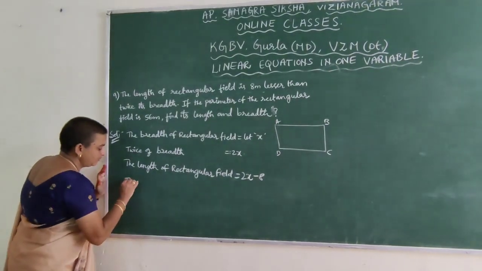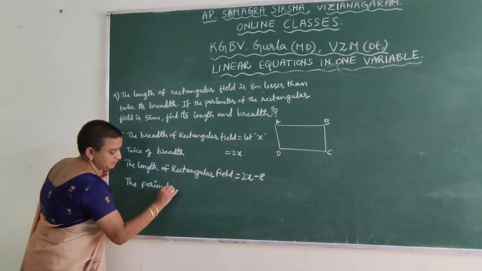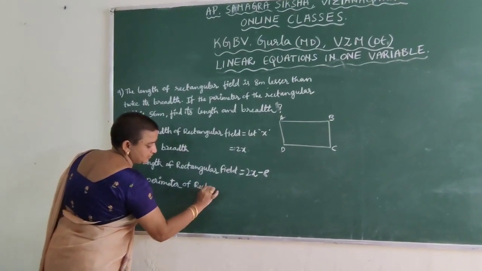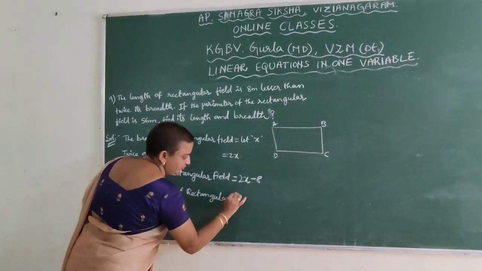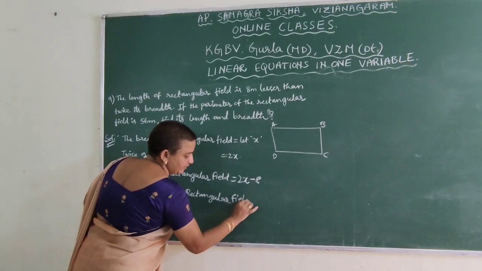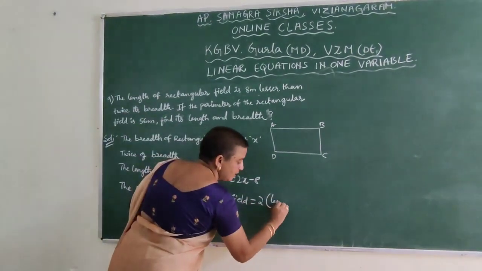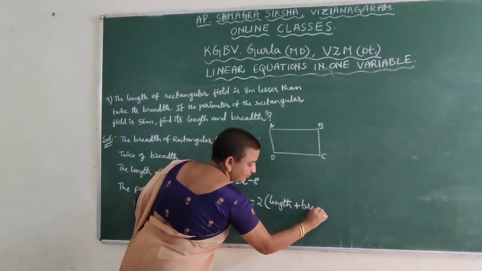Okay. The perimeter of the rectangular field is equal to, what is the formula? 2 into length plus breadth.